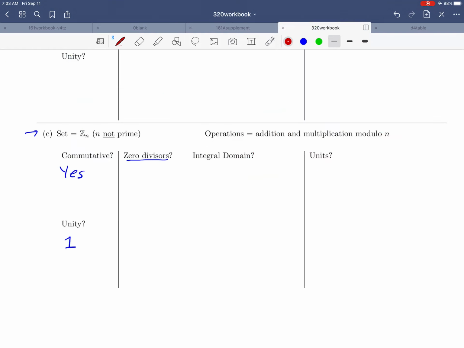Okay, so in general, what we can say is that if n is not prime, that implies that n is going to be equal to ab for some a and b in Zn, and that implies that a and b are zero divisors.